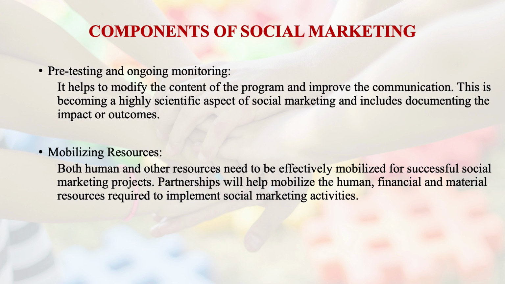The next one is mobilizing the resources. What is mobilizing the resources? All those human and other material resources should be effectively mobilized for successful social marketing projects. The concerned organization should develop partnerships with different NGOs so that the convergence of resources, human, financial and material, could be utilized. I can cite an example: suppose 3 or 4 NGOs are working in a similar direction for the same target group.